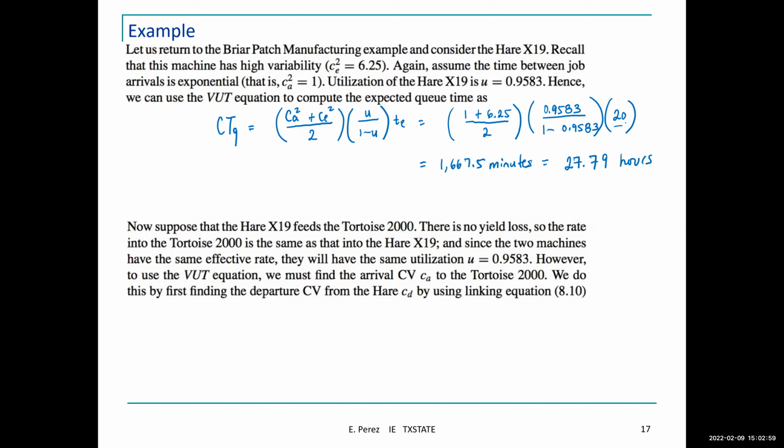We do this by finding the departure coefficient of variation from the X19. So we have to find CD by using the linking equation, which is given in lecture 2, part 1, slide 40.